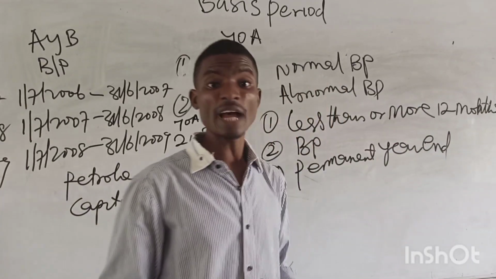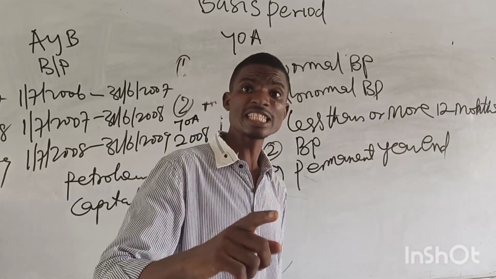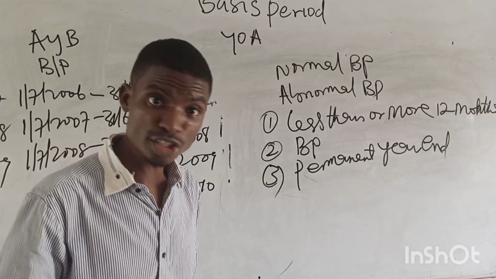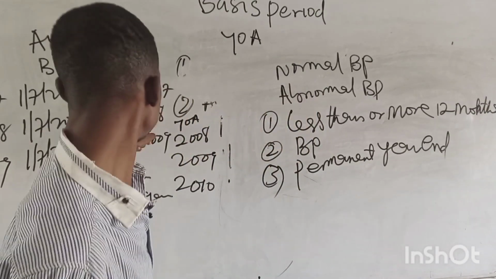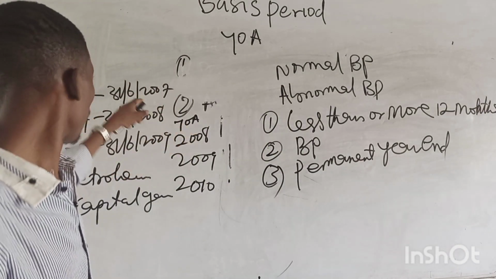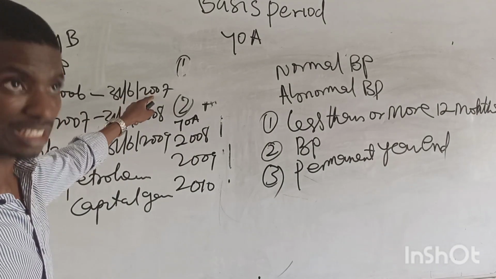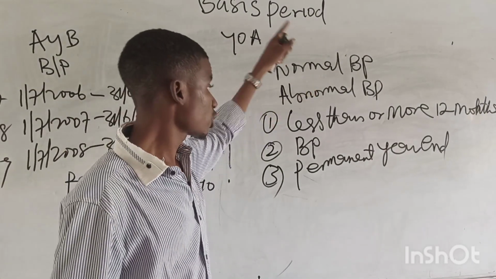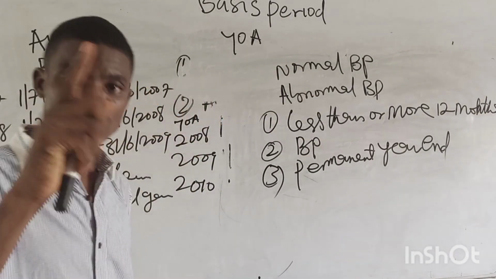That is to say, if a business usually closes up its account on 31st June 2007, the normal basis period says that it must continue to close the account on the same date.